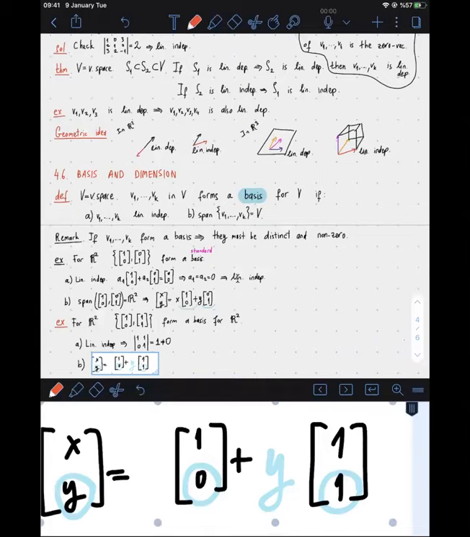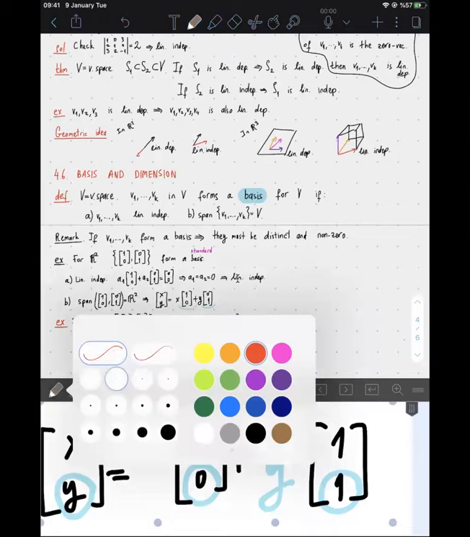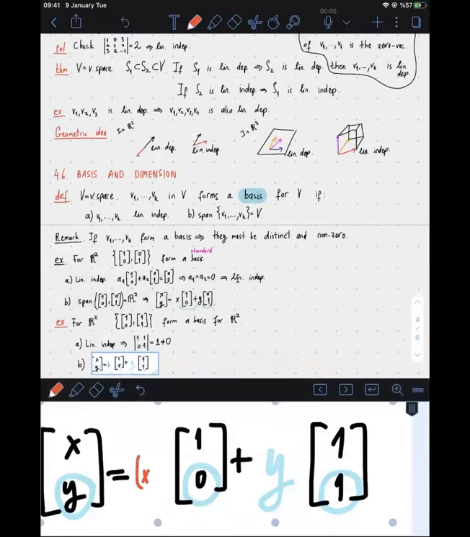This should be x minus y times (1, 0) plus y times (1, 1) makes (x, y). So I can represent any (x, y) in terms of these two vectors.